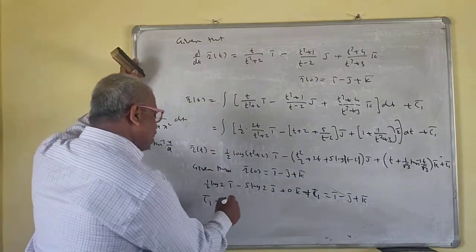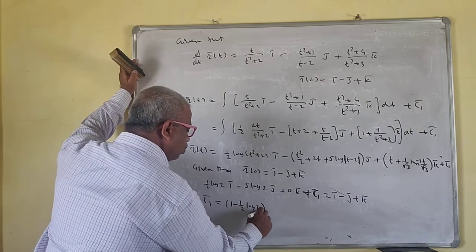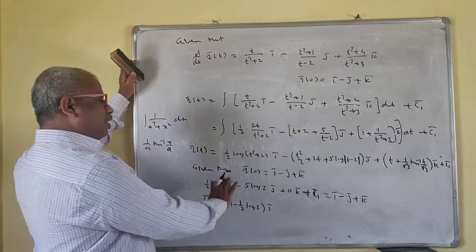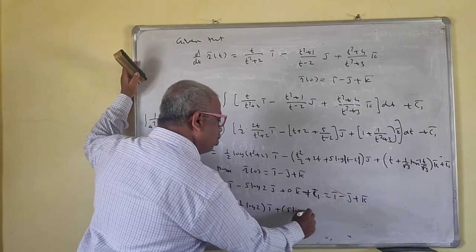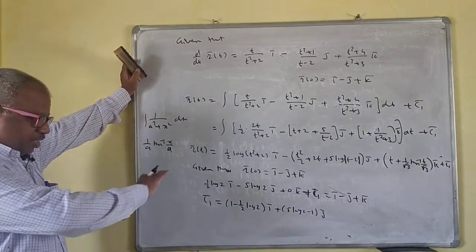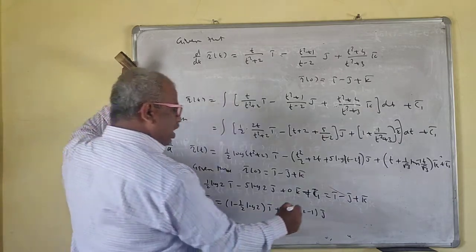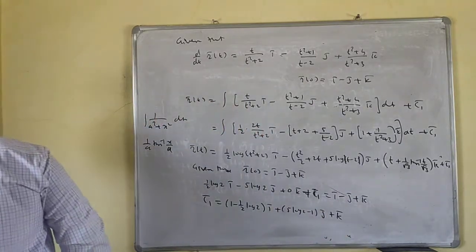So this will be 1 minus 1/2 log 2 i bar. Then this is shifted to that side, so plus 5 log 2 minus 1 j bar. This term becomes plus, and plus k bar. So this is your c1 bar.